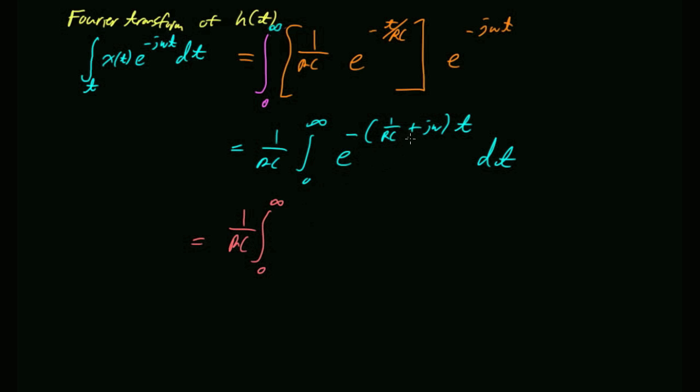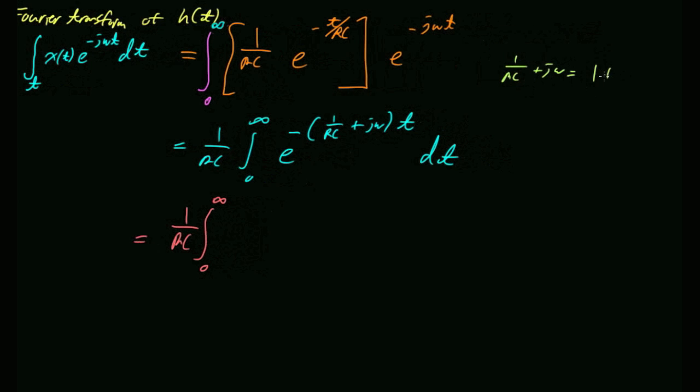So over here on my scratch paper, if I have 1 over RC plus j omega and I want to combine that into a fraction, what's that going to be? 1 plus j omega RC over RC. Okay, so that's just making a common denominator and adding those fractions together.